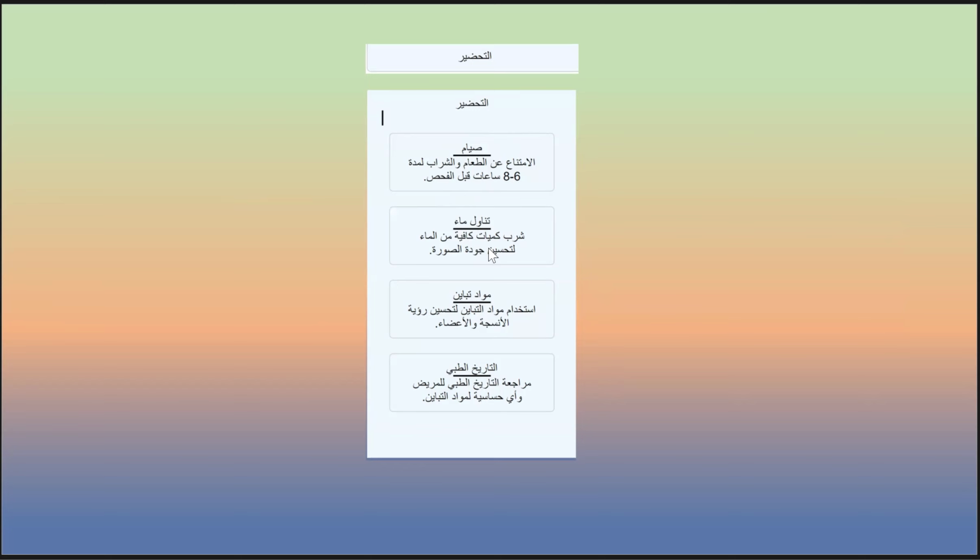Take water, about 1.5 liters, and we use contrast media to see the tissues and organs. And we should have the medical history of the patient and any allergy to the contrast media.